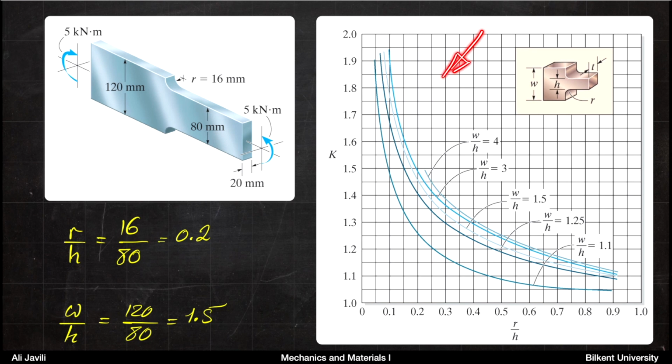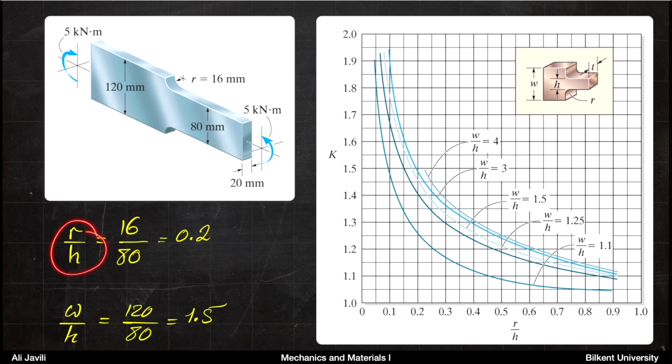So here is the graph for the stress concentration factor with respect to the dimensions of the problem. In the horizontal axis, we have r over h. In this problem, r is 16 millimeters. h is the height of the smaller part, so that's 80 millimeters. You can actually see the dimension h shown in the figure.